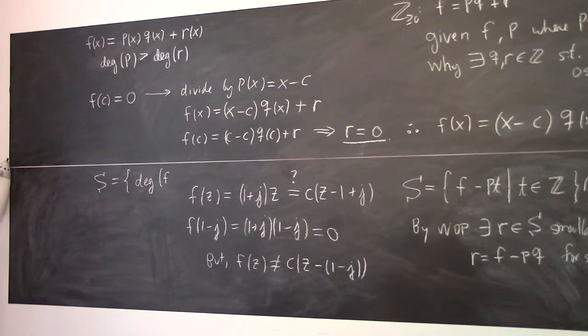Let me do it really fast. Z minus 1 plus J, plus JZ minus J, plus J squared. No, you get a minus 1, and you get this JZ term.